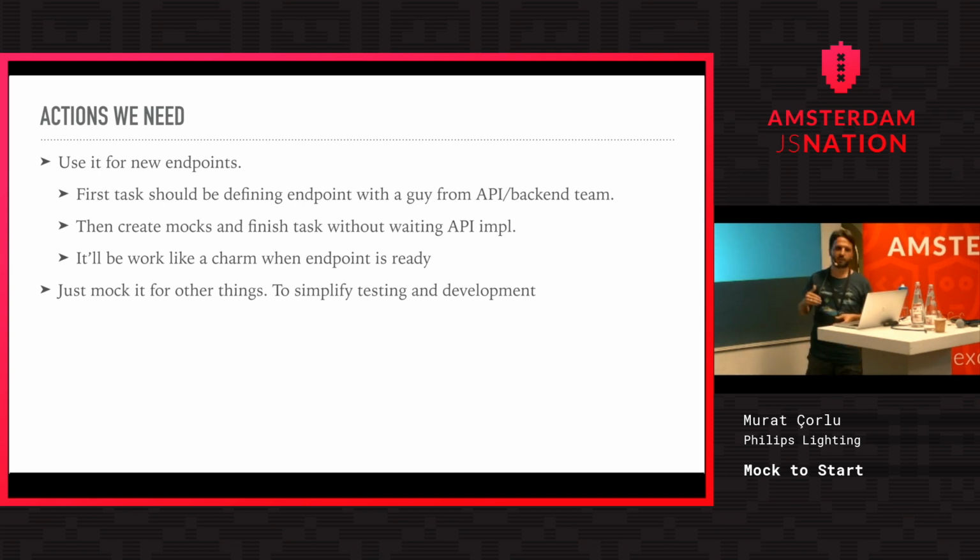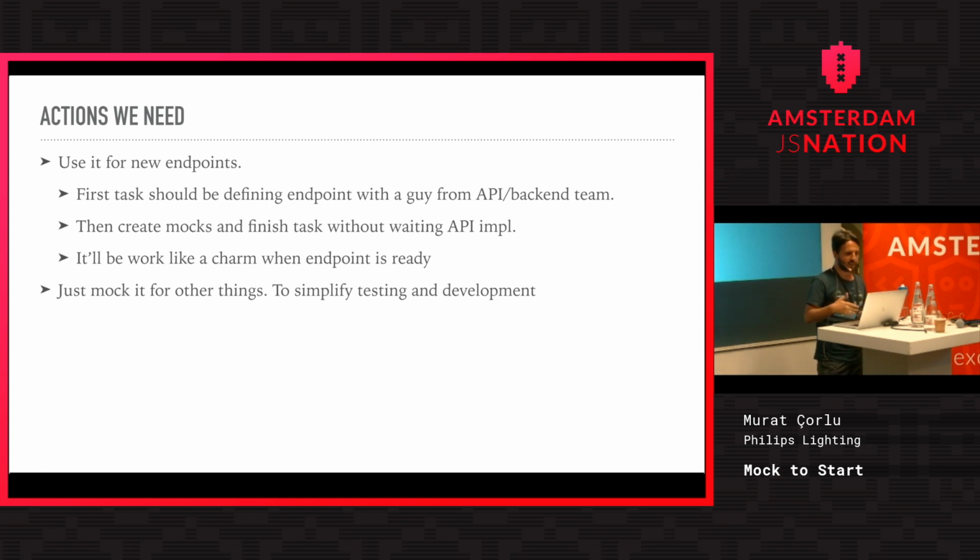Just after that contract, you can immediately start to develop your front-end application or mobile application. Then just after the real endpoint is ready, you can immediately deploy your application without needing any change. So this gives a very agile process for you.